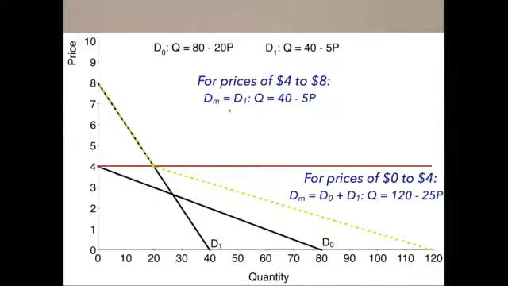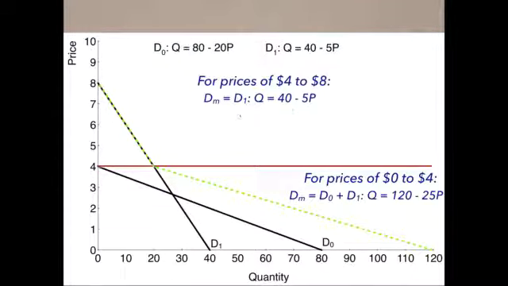Now, some of the problems that you might see will ask you, well, what is the quantity demanded in the market at different prices? And by doing this, you can see what the demand function is going to look like at different prices. So for prices from 4 to 8, the market demand is only equivalent to D1, and it's equal to Q is equal to 40 minus 5p.